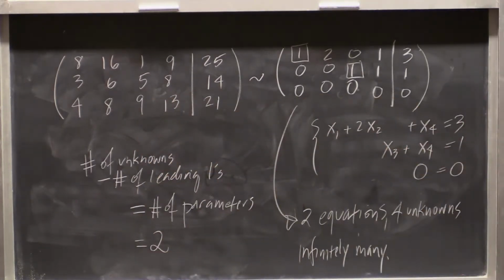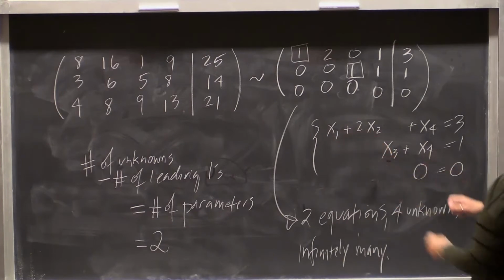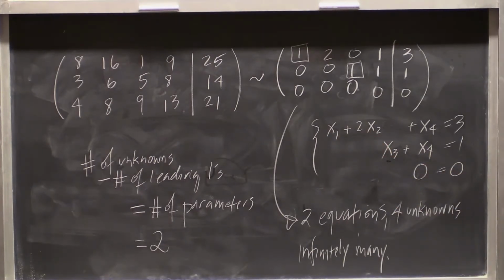You can put the free parameters anywhere you want. You can make x1 and x2 free parameters, and then use the 2 equations to write x3 and x4 in terms of x1 and x2. Or you could make x3 and x4 free parameters. Or if I made x1, x3, and x4 free, I would use the equations to write x2 in terms of the others, and so on.